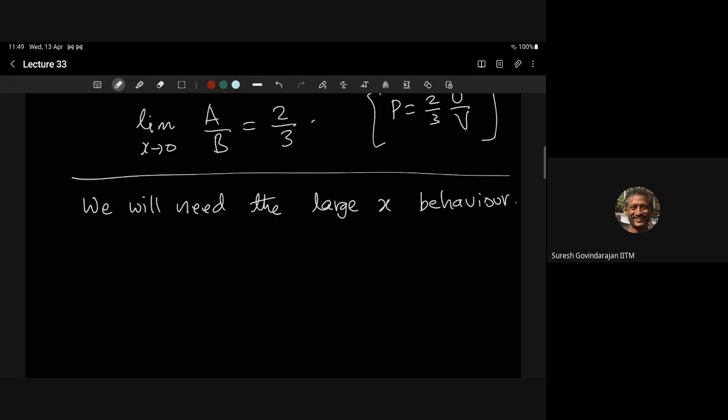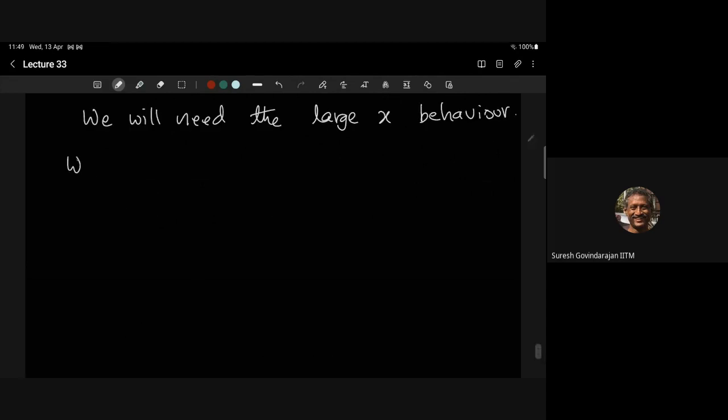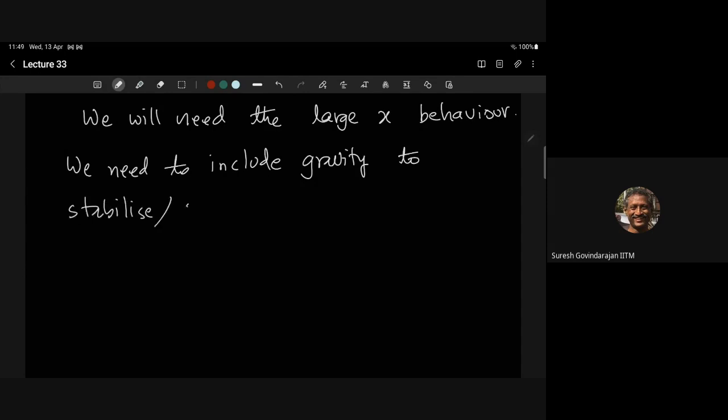They'll start leaving. So in this case we now need to include gravity to stabilize or confine the gas.